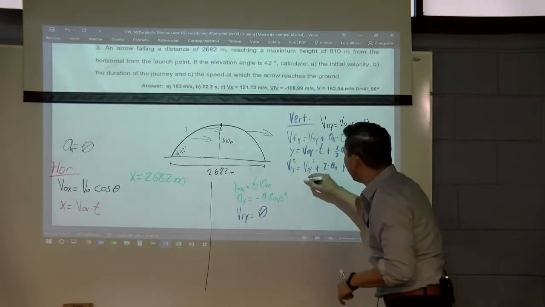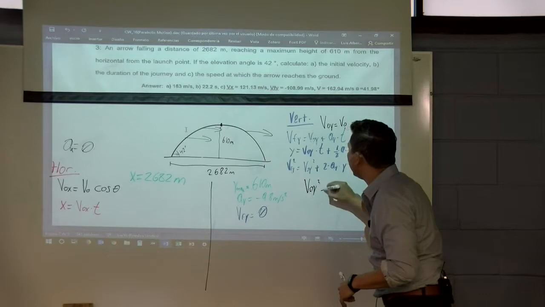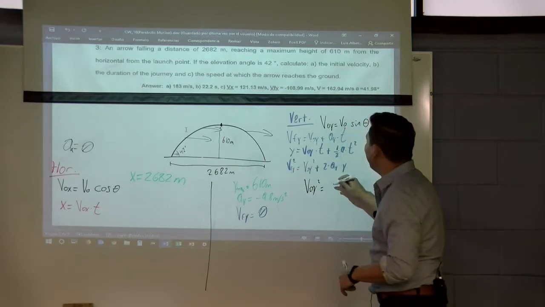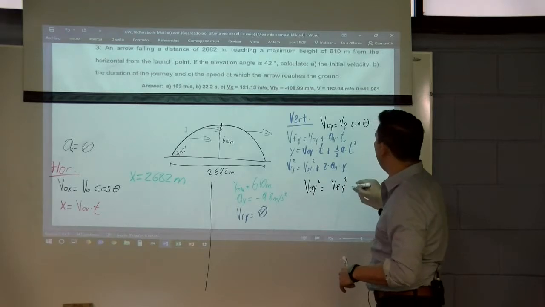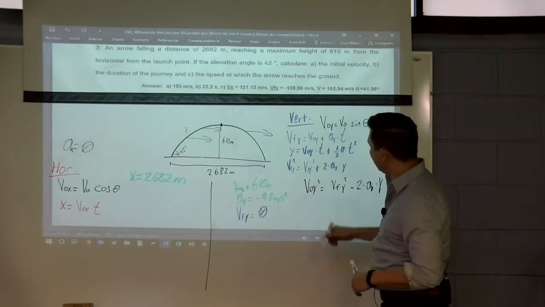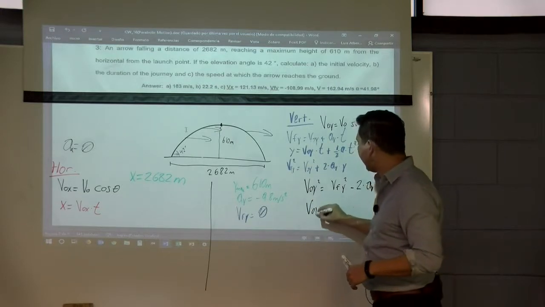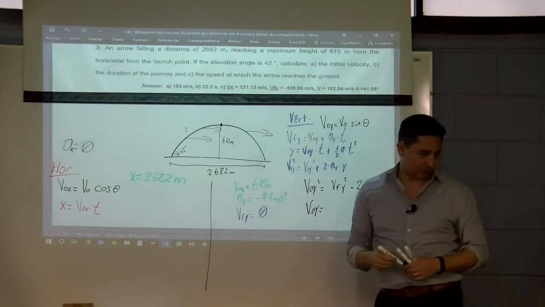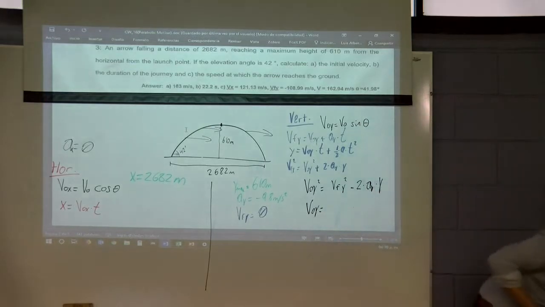If you isolate the VOY from here, that will be VFY squared minus 2 times the acceleration in y times y.